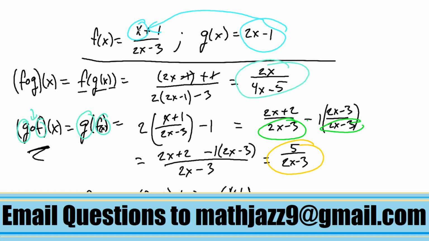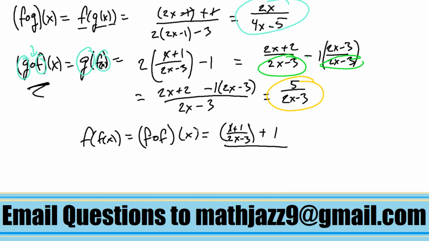That x got replaced with all of f. We have plus 1. In the denominator, we get 2 times all of f, which is (x plus 1)/(2x minus 3), and then minus 3, but x has been replaced with all of f.